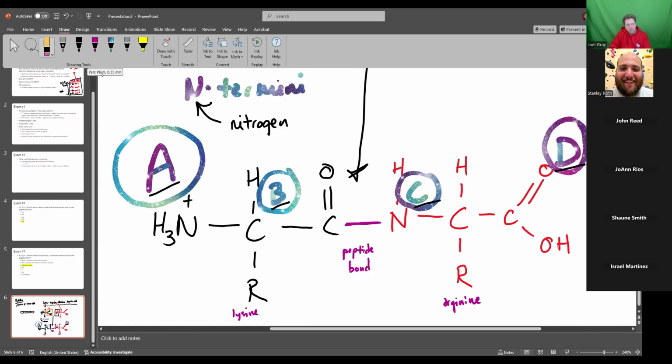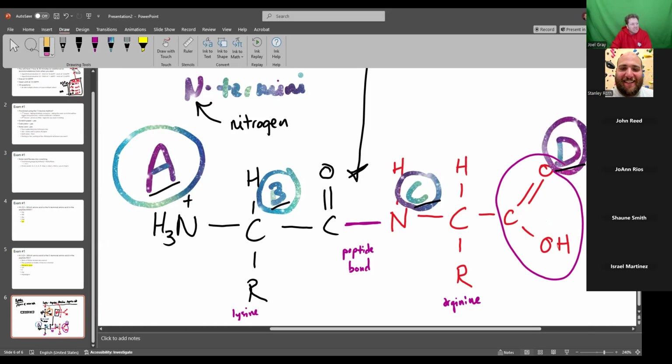D is a carbonyl oxygen, next to a carboxyl group. But does that carboxyl group connect to a nitrogen? No, there isn't one there. So in that case, D is out because there's no connection.